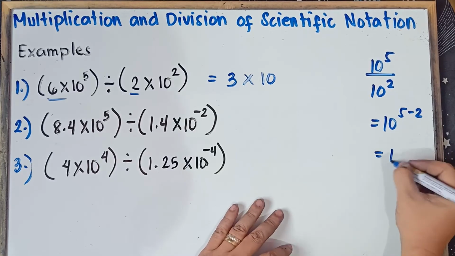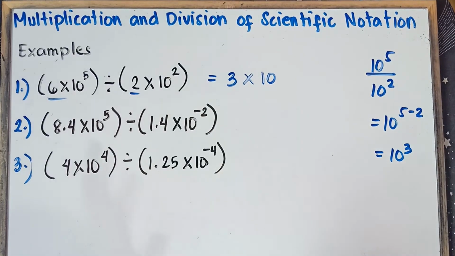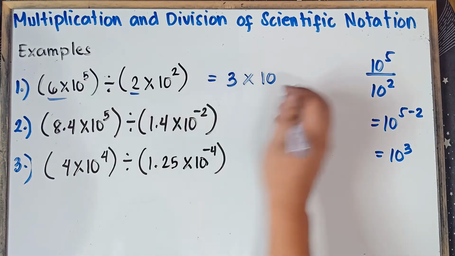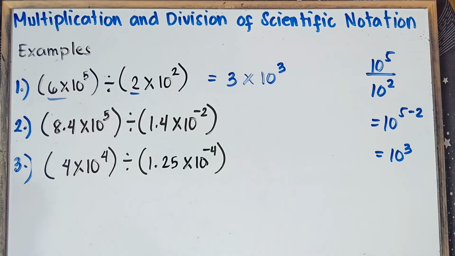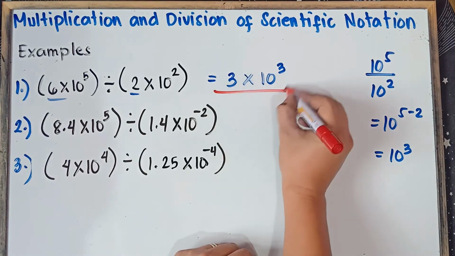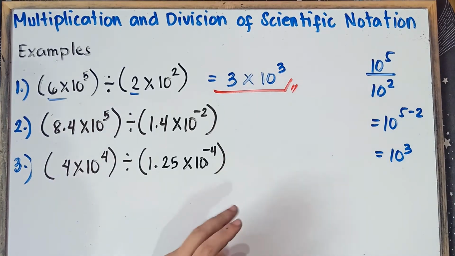So 5 minus 2, the answer is 3. That's it, class. That's the answer with regards to example number 1. Very easy, right? So the answer would be 3 times 10 raised to the power of 3.